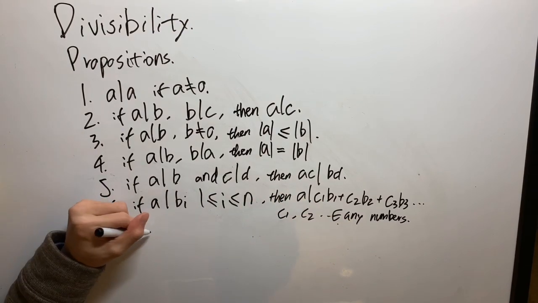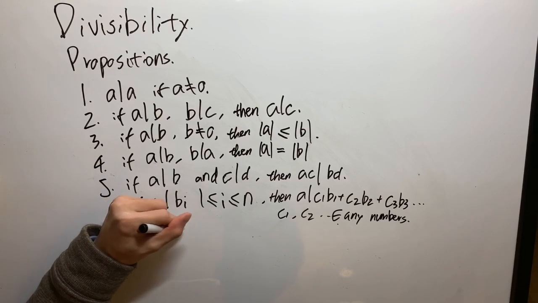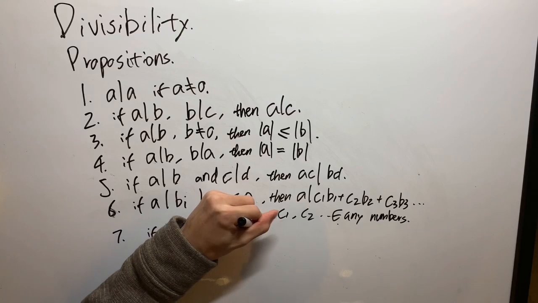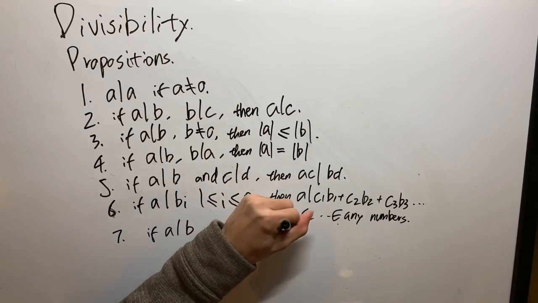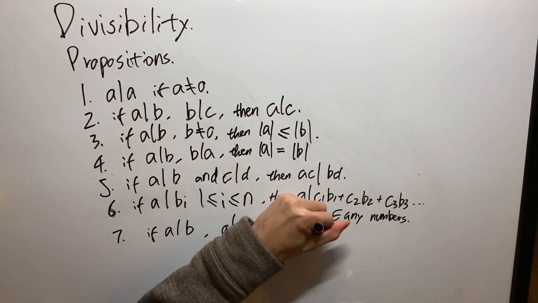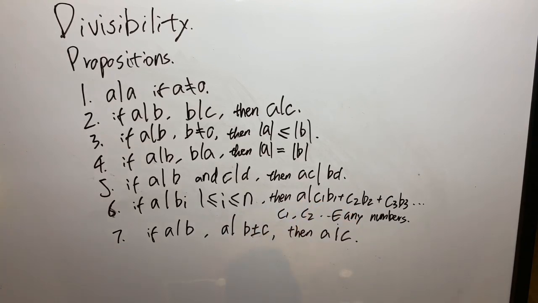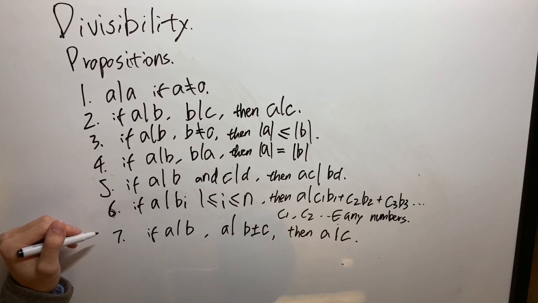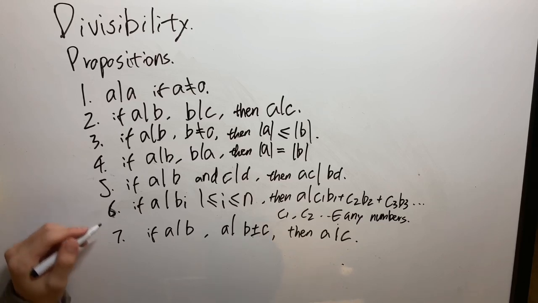Seven, if a divides b and a divides b plus or minus c, then a divides c. So these 7 propositions are the common propositions of divisibility. So now let's try to prove them.